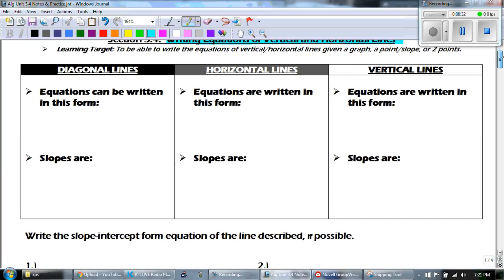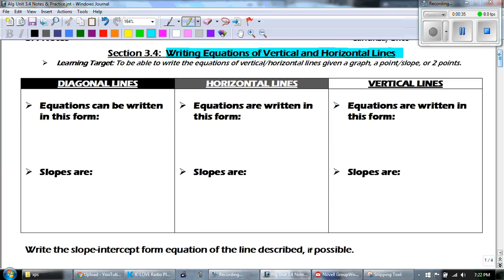A diagonal line, remember, can be written in the form y equals mx plus b. Remember that m is your slope, and b is the y-intercept, and that's the point (0, b). Our slope can be two different things.